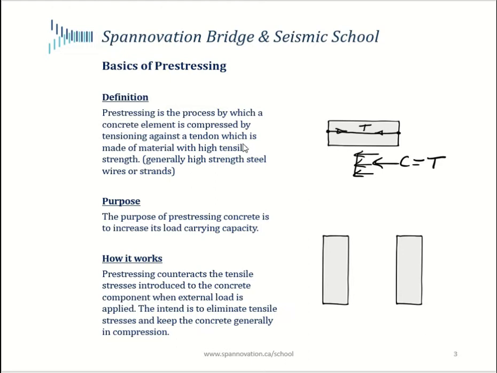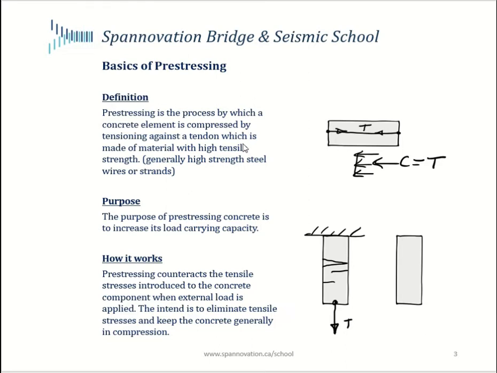For example, if I were to take the same blob and hang it upside down, anchor it to a ceiling, and apply a force T to it, we know that concrete is weak in tension, so it's going to crack. And if this T force exceeds the cracking strength of concrete, we're going to have a large failure, and this whole blob is going to come falling down, right?